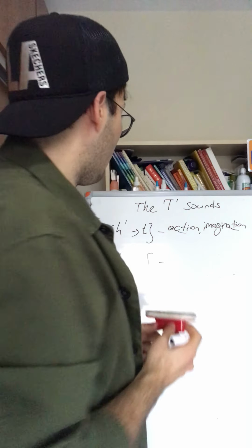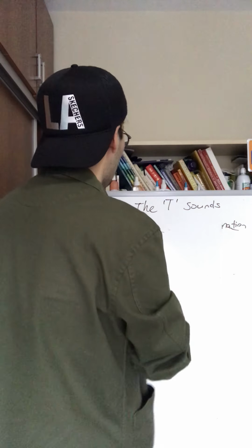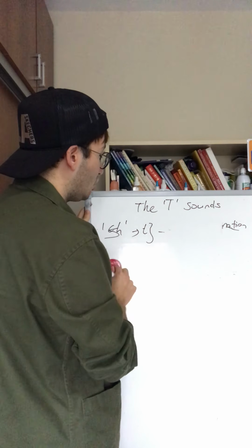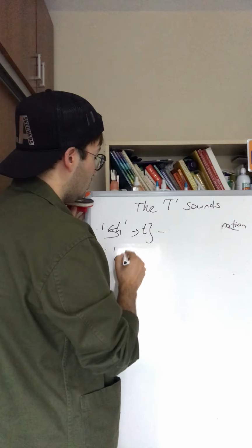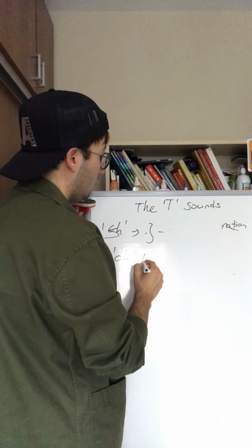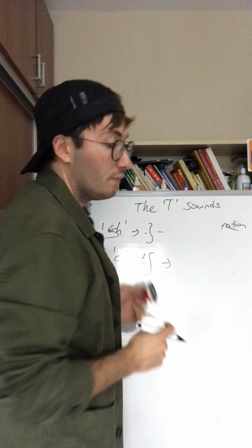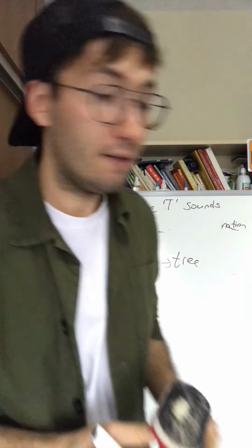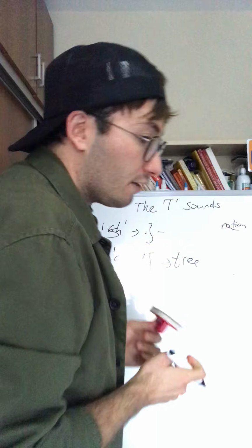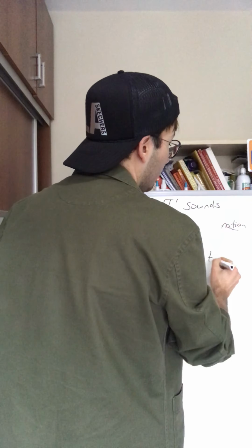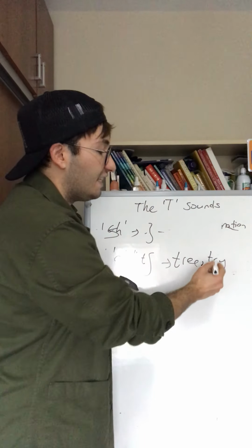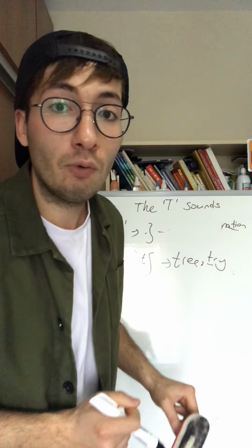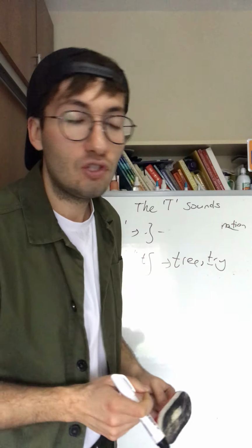For example, and this one is going to be ch. For example, tree is going to be tree, or it's going to be also try. It is written T, but we say try.